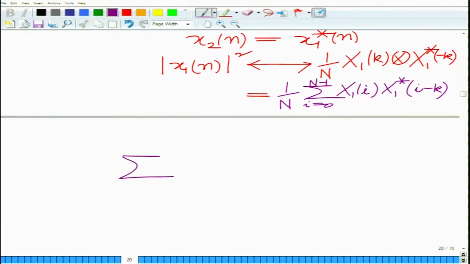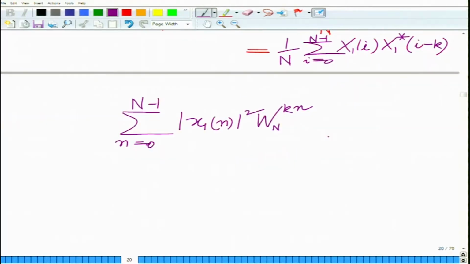Which means if you look at the kth DFT coefficient, summation n equal to 0 to N minus 1 of magnitude x1(n) squared times W_N^{kn}, this is the kth DFT coefficient of magnitude x1(n) squared.